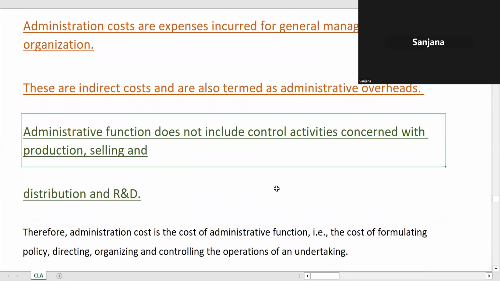So in administration cost or expenses, you do not include any management expense for production, supervisor and all that. Factory supervisor will be charged to factory cost, and your selling and distribution supervisor or R&D supervisor will be charged to those functions, not in administrative costs.